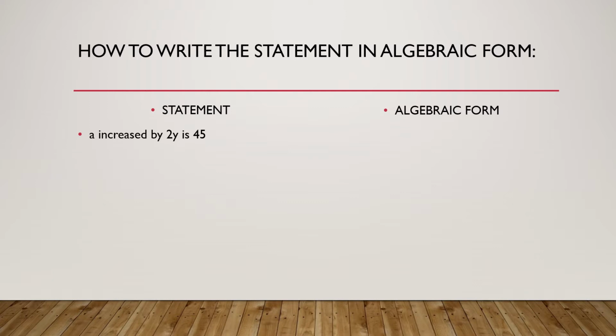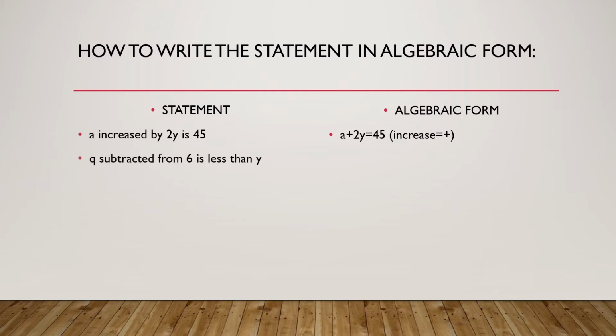We know that more always means plus, by 2y. So A plus 2y is equal to 45. So let's check the algebraic form for that. Yes, a plus 2y is equal to 45.